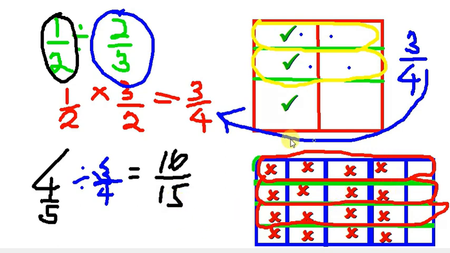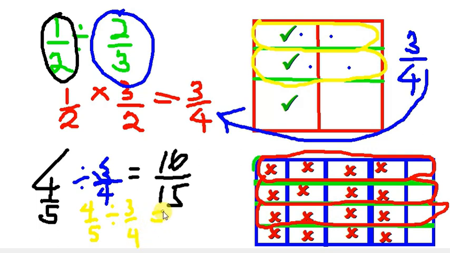Now note that this is from our picture model. Let's try to use the invert and multiply, which is telling us to flip the second fraction and multiply it. Remember the question we have is 4 on 5, and that one is being divided by 3 on 4.